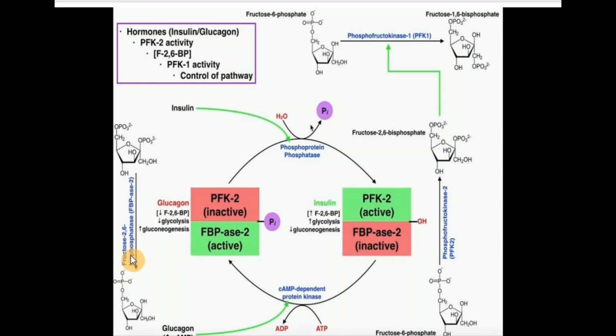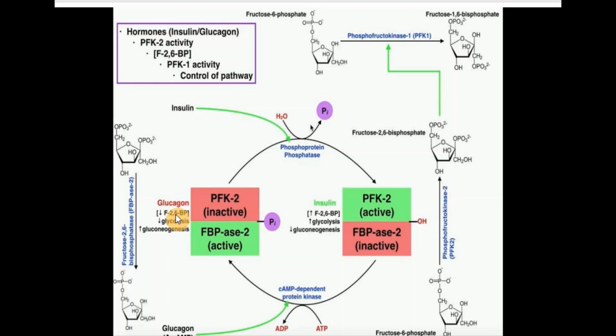Fructose 2,6 bisphosphatase also converts fructose 2,6 bisphosphate to fructose 6 phosphate, making the fructose 2,6 bisphosphate at a limited amount. So at any limited amount, we are going to halt glycolysis. In other words, whenever glucagon is released, it causes low concentration of fructose 2,6 bisphosphate.